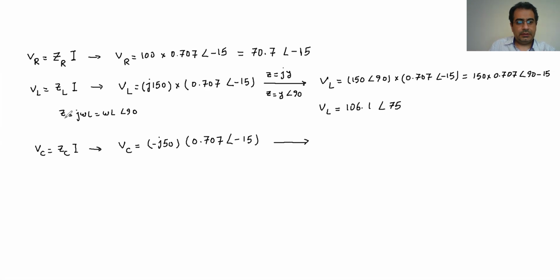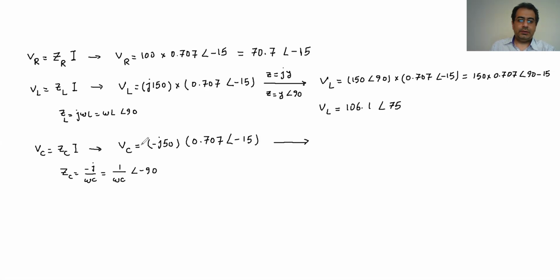So this was the ZL. We know the same thing for the ZC was negative j divided by omega C, or it was 1 over omega C with an angle of negative 90.